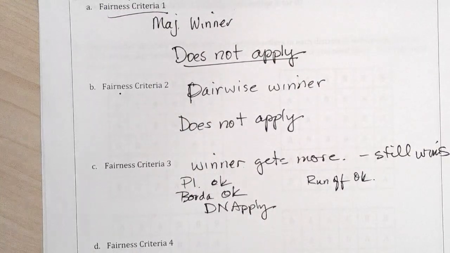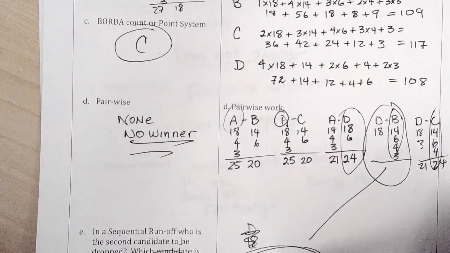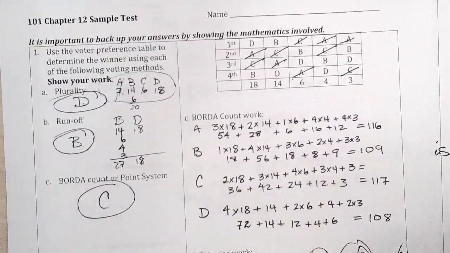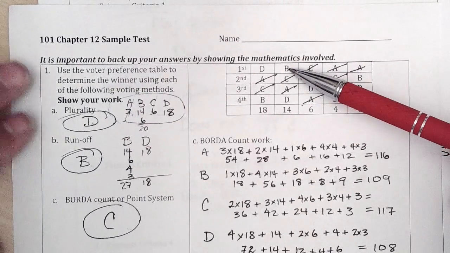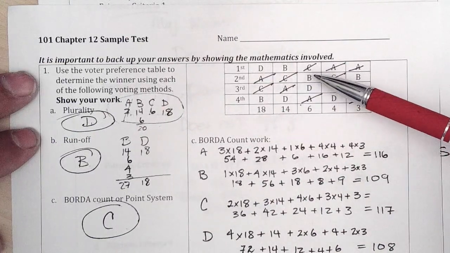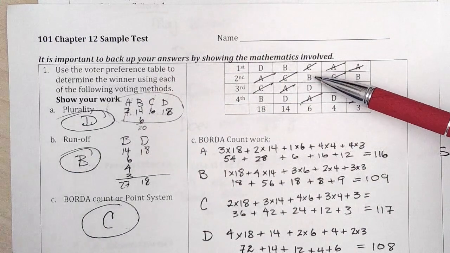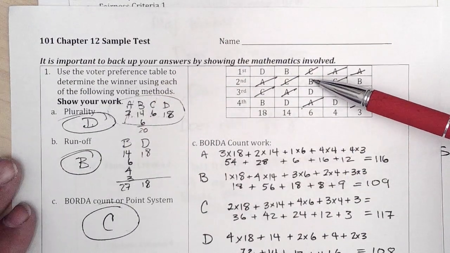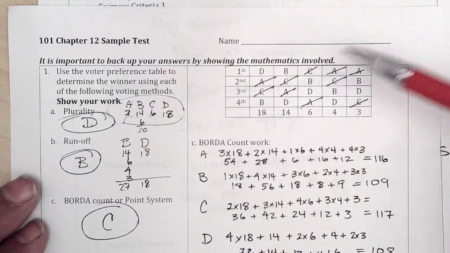And finally, in the sequential runoff, B was the winner. If you move somebody up, could we get somebody else to knock out B and then be the winner? If we moved B, the winner, up here, then C would still drop out early.